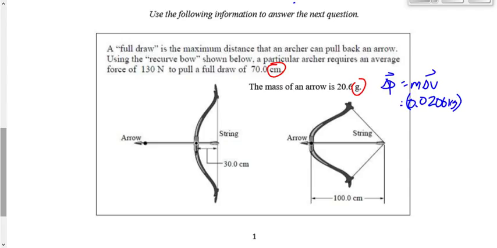Here's what I'm going to do to find vf. Now, this is something that we don't have to do very often in Physics 30. It is a Physics 20 concept, but remember what we said the other day. Sometimes we get a question where we need to do something from Physics 20. There'll never be a question, like a projectile motion question, let's say, in Physics 30. We're not going to have a Physics 20 question, but sometimes we have to do Physics 20 stuff as part of a Physics 30 question.